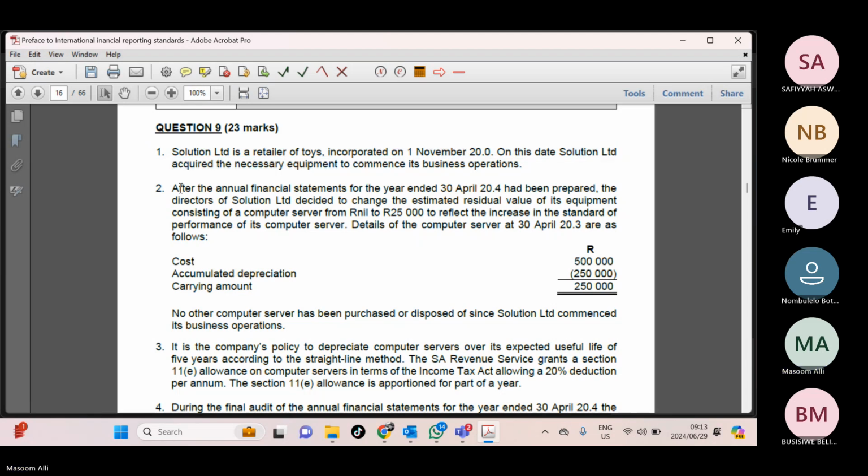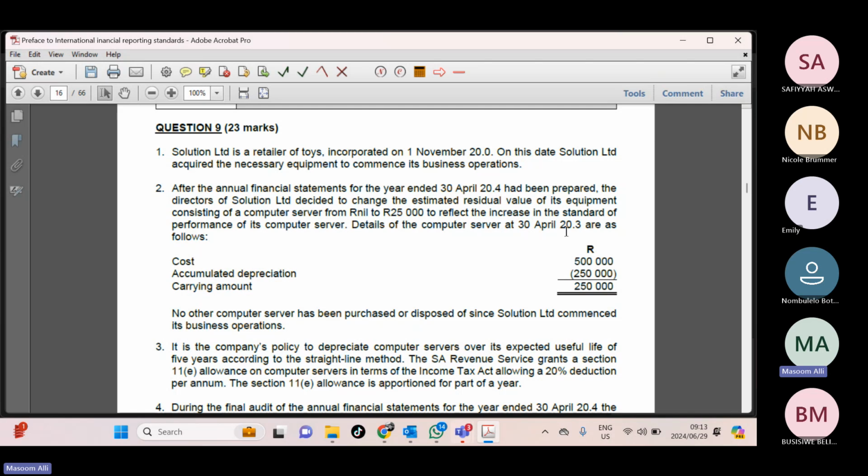That's fine. After the annual financial statements for the year ended 30 April 2004, rather, right, had been prepared, the directors of Solution Limited decided to change the estimated residual value of a computer server from nil to 25,000 to reflect the increase in the standard of performance of its computer server.